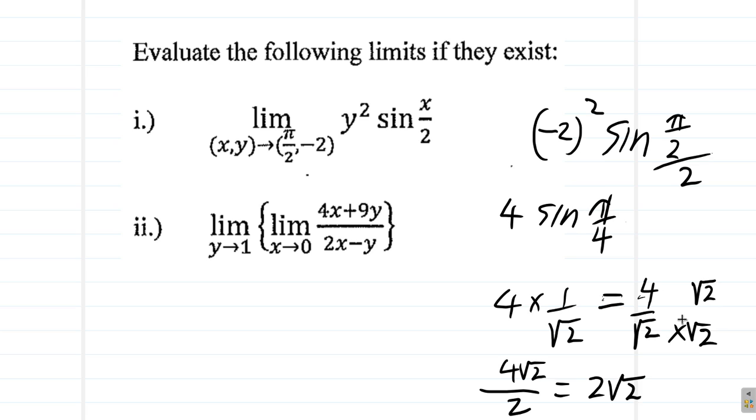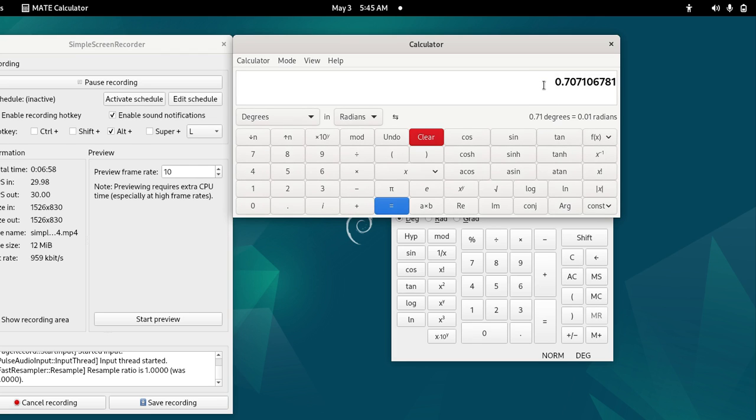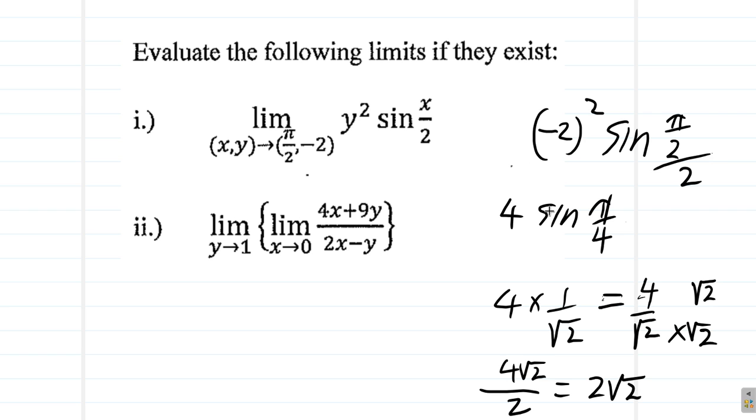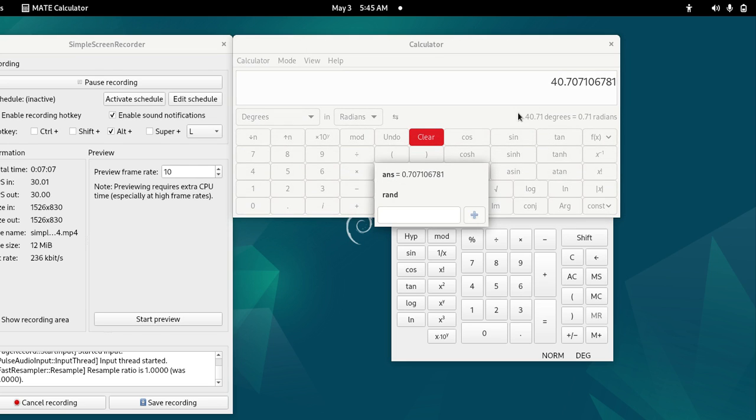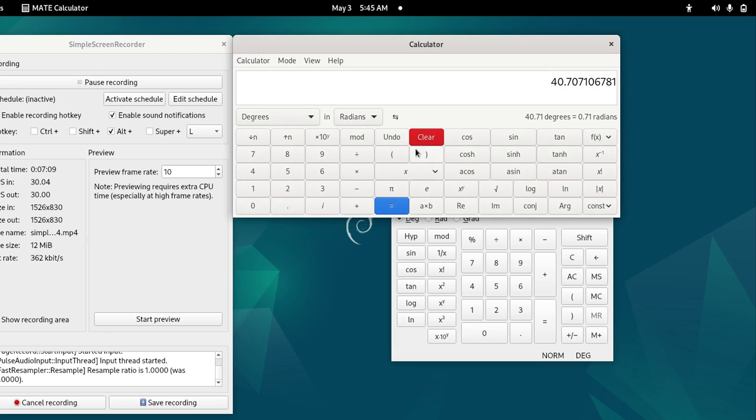But if you had to rush in an exam, you write it otherwise in decimal form. This would be 4 times that.